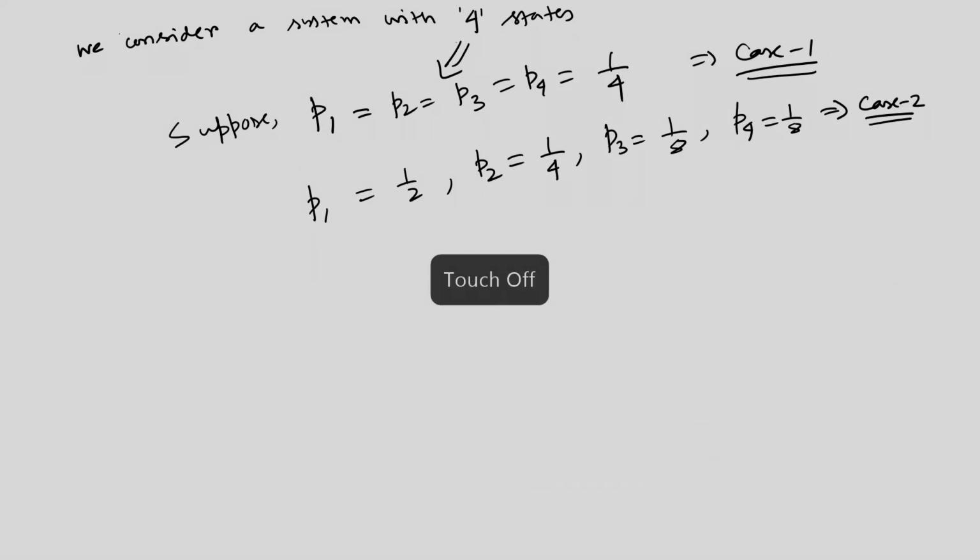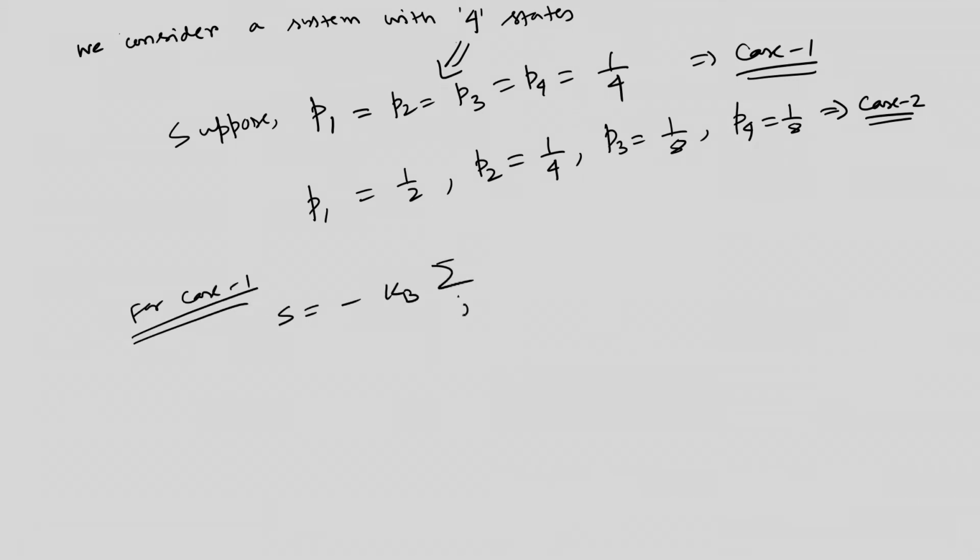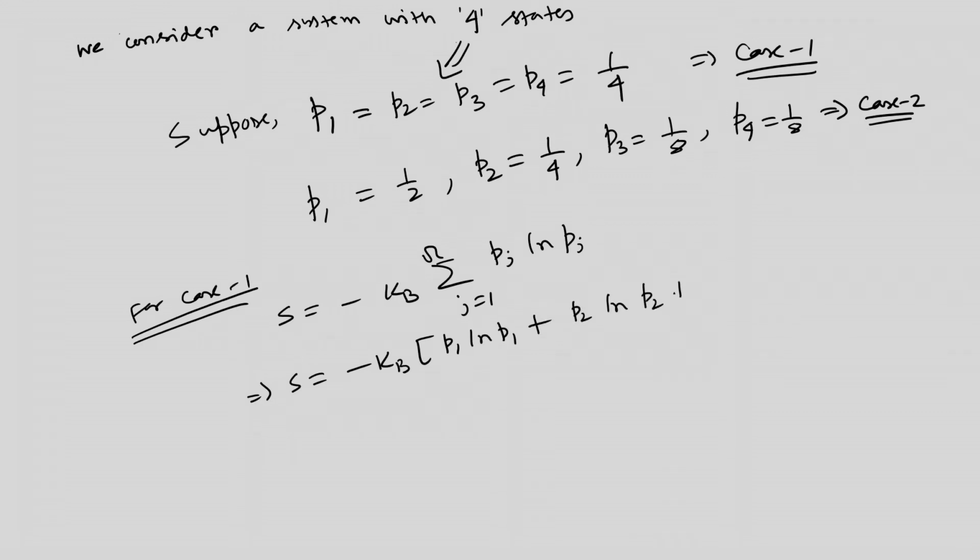So, for case 1, entropy S is minus kB sum over j from 1 to 4 Pj ln Pj. We get S is minus kB times P1 ln P1 plus P2 ln P2 plus P3 ln P3 plus P4 ln P4.